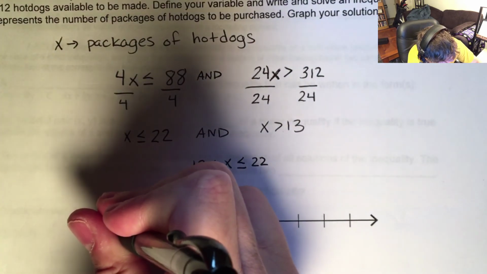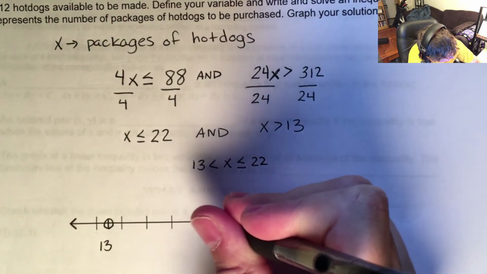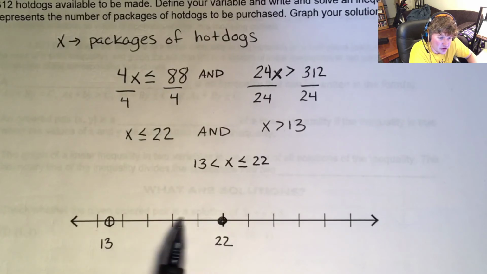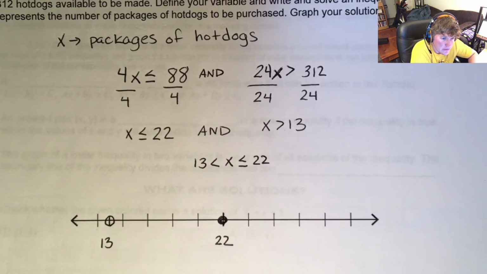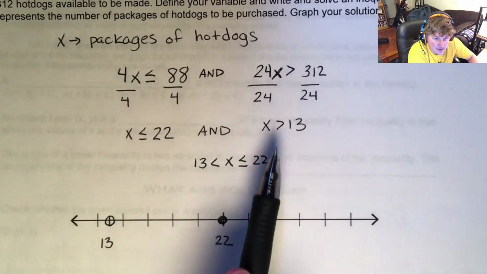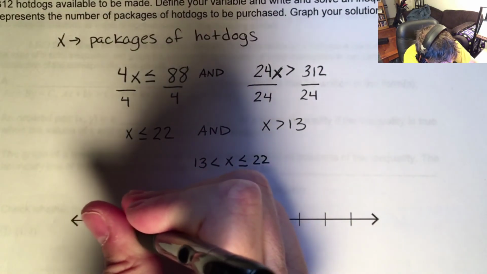That's an open circle. And then 22 is a closed circle. And inequality kind of indicates that my shaded region should be in between here. But we should just double check. Less than 22, that would be to the left. Greater than 13, that would be to the right. So that makes sense to shade in between there.